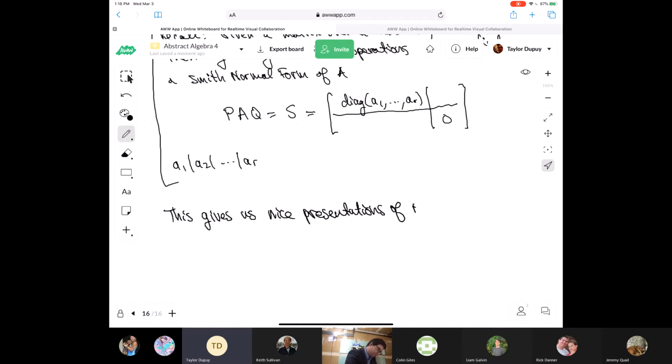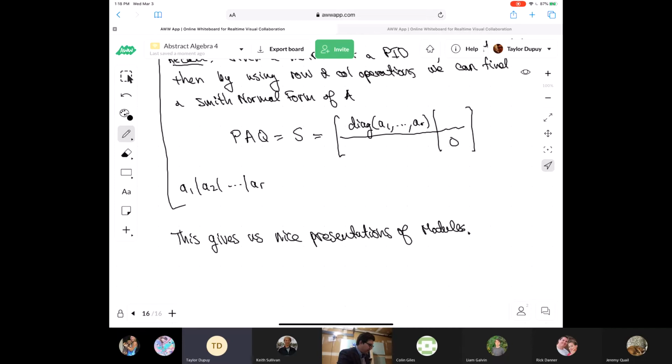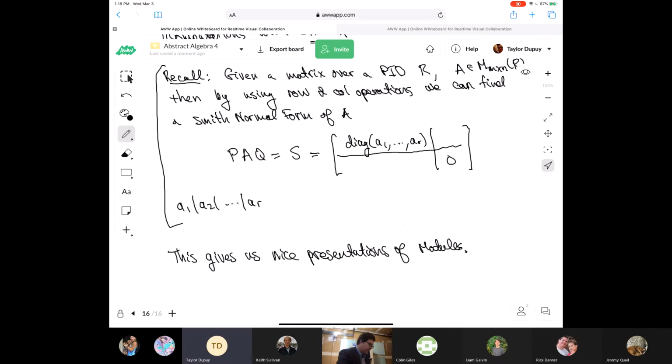You might be heading in this direction, but that looks different than Dummett and Foote. He's got ones in the diagonal and then the A1 through AM in the bottom right with no zeros. So what can happen is that these can be ones.